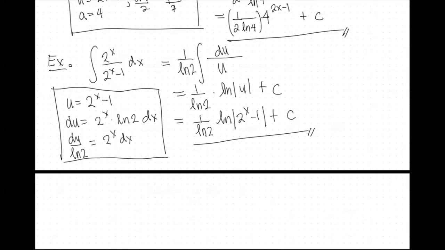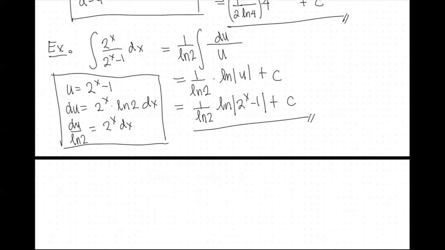Let's go to the next example. There's a trick that we will do here, like expand. Okay. Next example, the integral of x plus 1 over x minus 1 with respect to x.